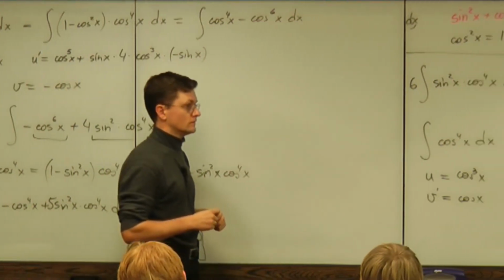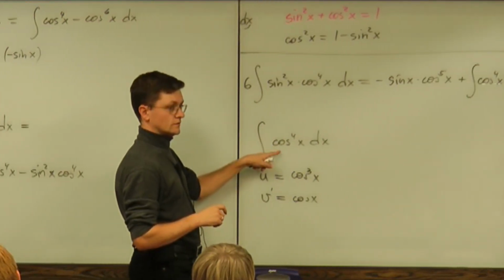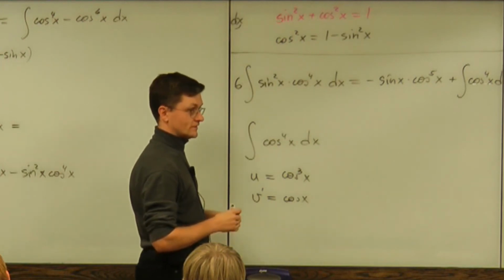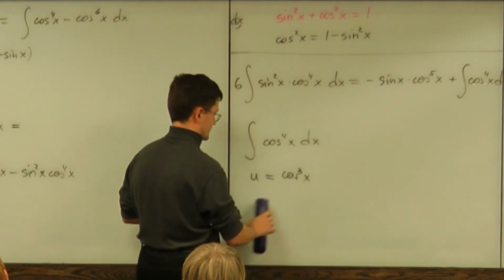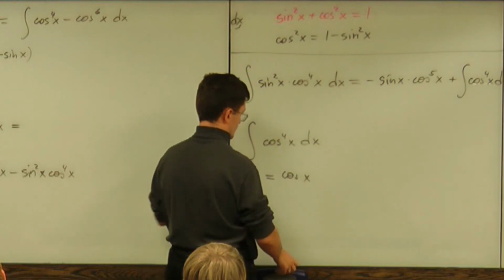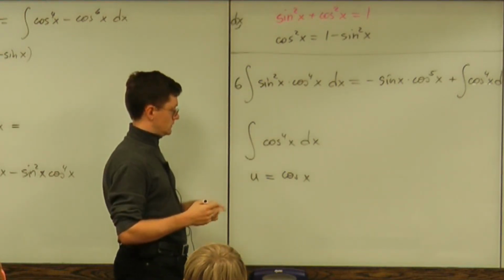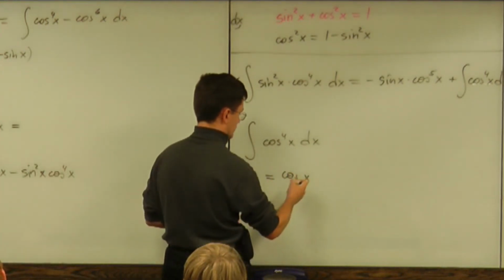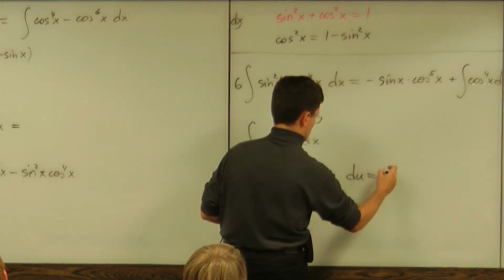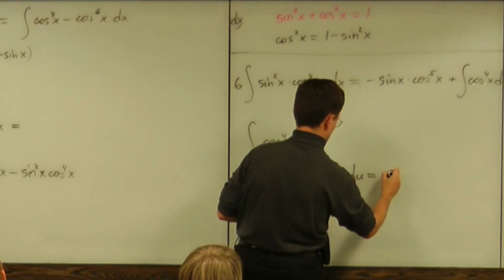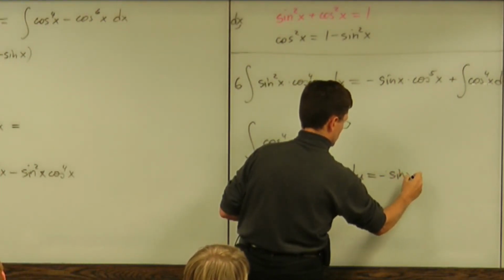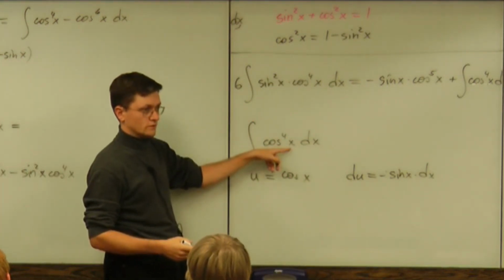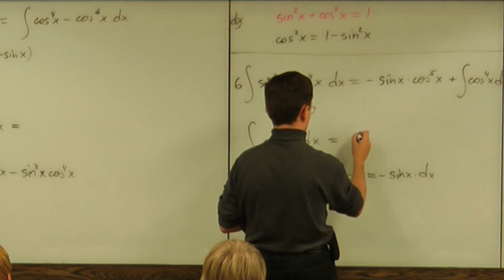Could you use substitution here? You can try, but you will have exactly the same problem we had when the power is even. Right? If you make anything like this, then du will have negative sine x times dx, and the sine x is not present here, so you'll have to introduce it.